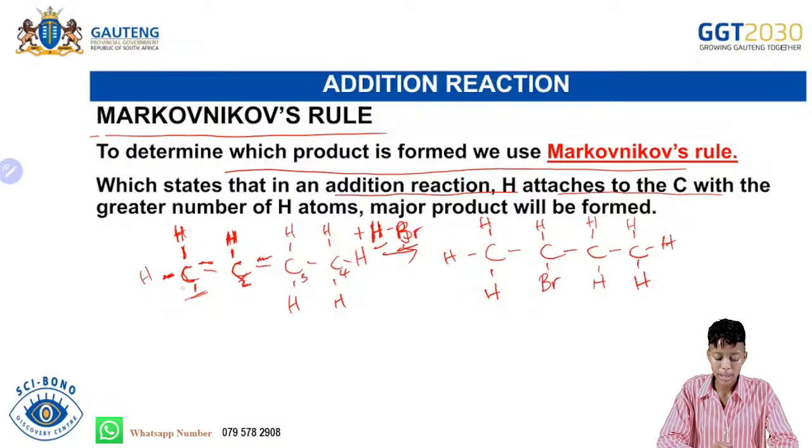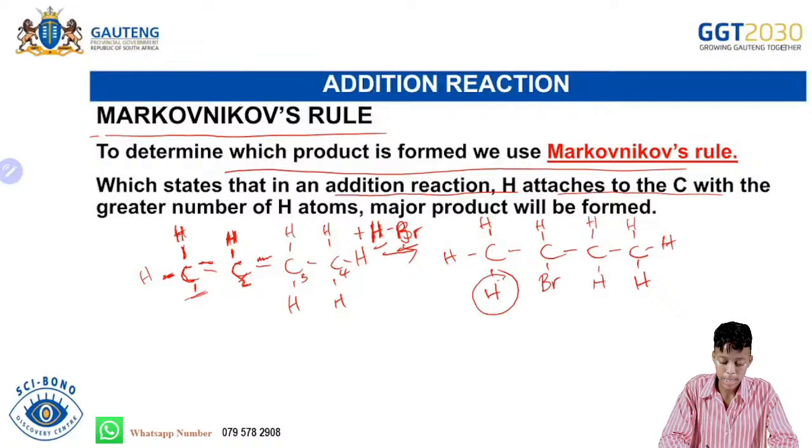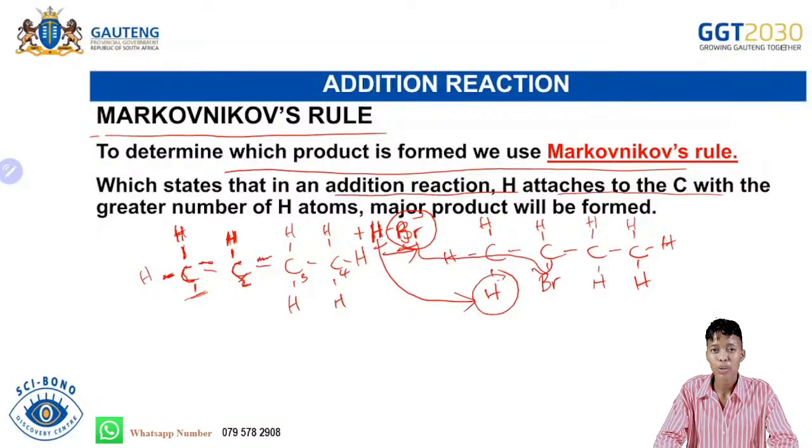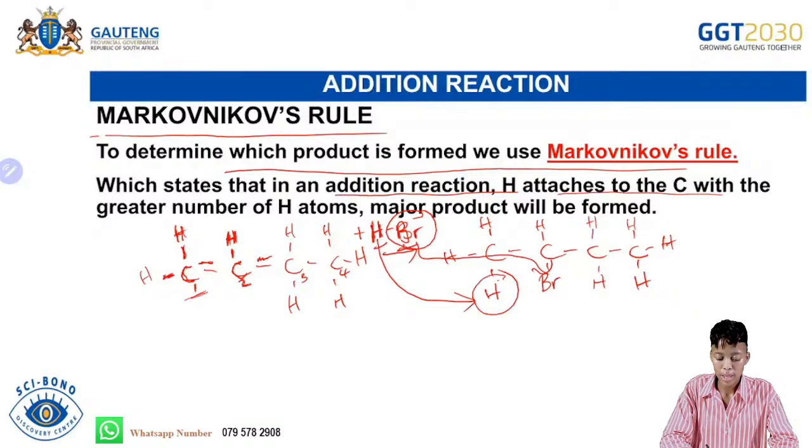So carbon number 1 on this molecule had 2 hydrogens. If it already has more hydrogens, then we are going to add an extra hydrogen. So there is our extra hydrogen that we added, and it therefore means that the bromine will be added on carbon number 2.